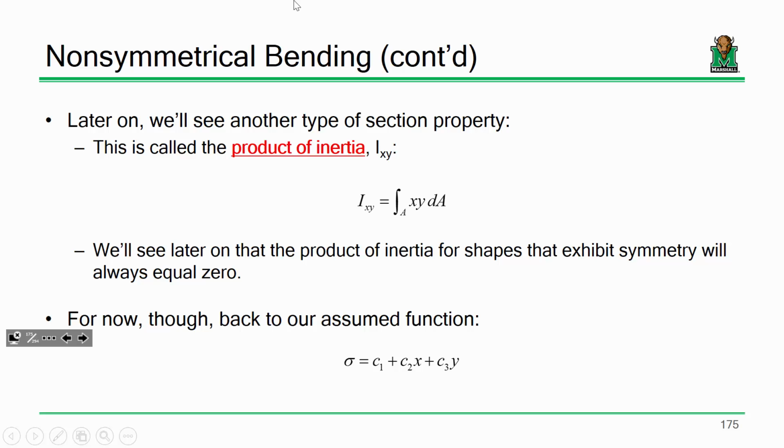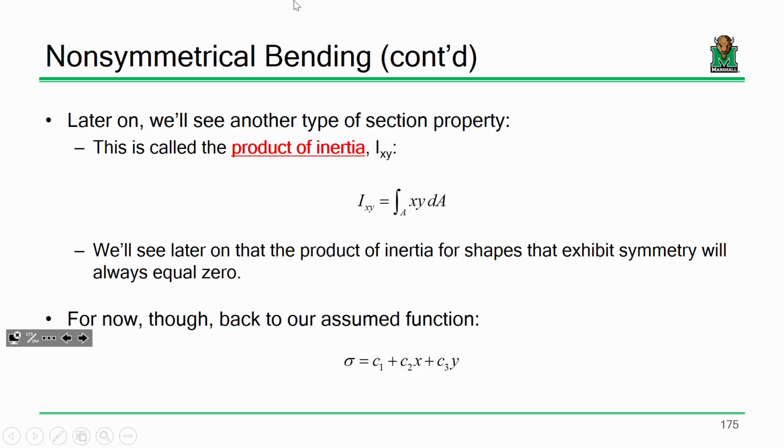The reason this is going to pop up here and there in our derivation is that I just want you to see the shorthand for what I'm going to use. And really, this is the whole issue with non-symmetrical bending, being able to compute that. Once you can compute that, non-symmetrical bending is as plug and chug as anything else.